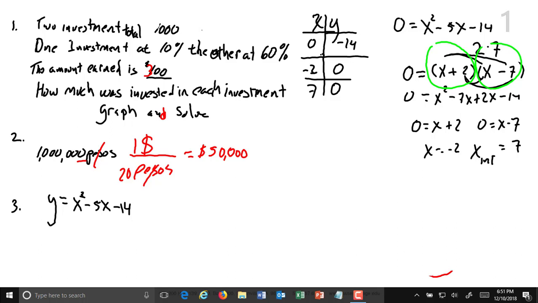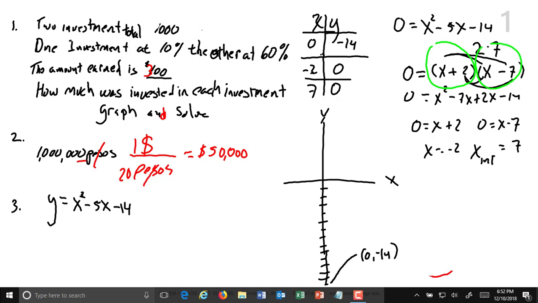So let's graph it. And you should label your axes too. This is y and capital X. Now, this is the y-intercept, so we know it has to go through when x equals 0, comma, minus 14. That's that point right there. And the other ones are when y equals 0.